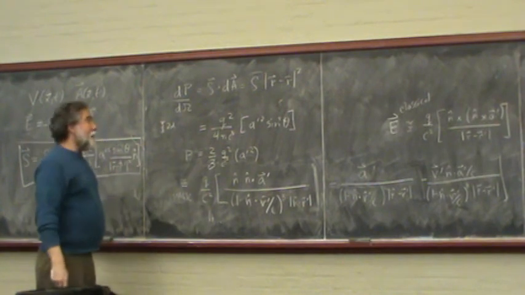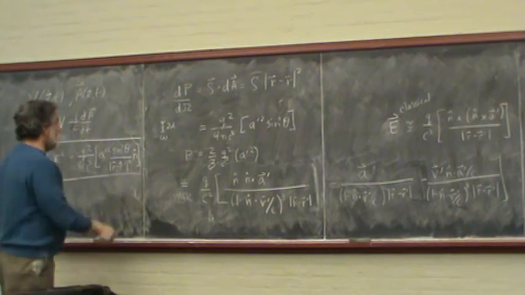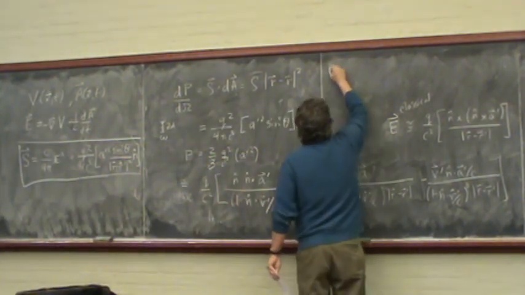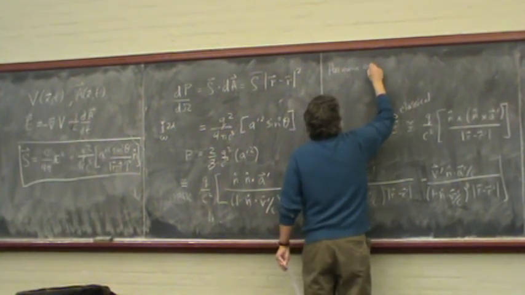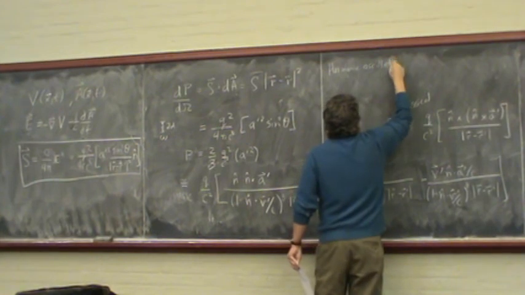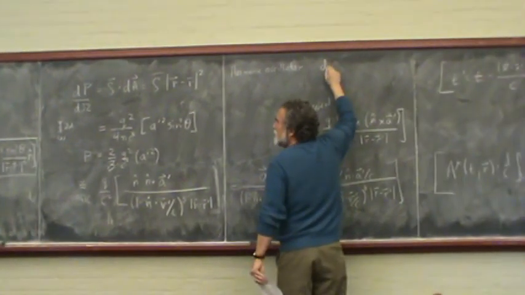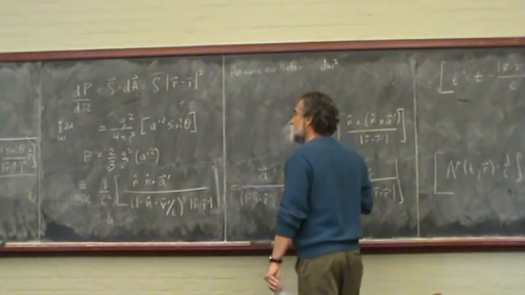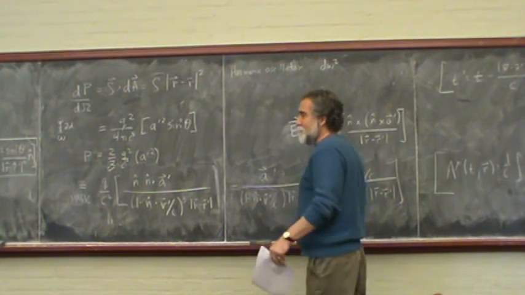I'll have a frequency of oscillation of omega. So for a harmonic oscillator, I have an acceleration which is equal to d omega squared times an oscillating sine function.